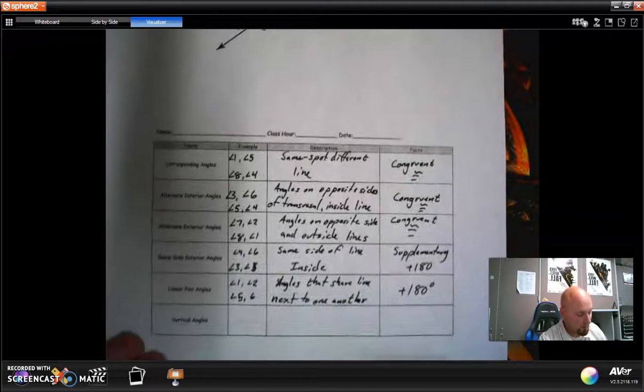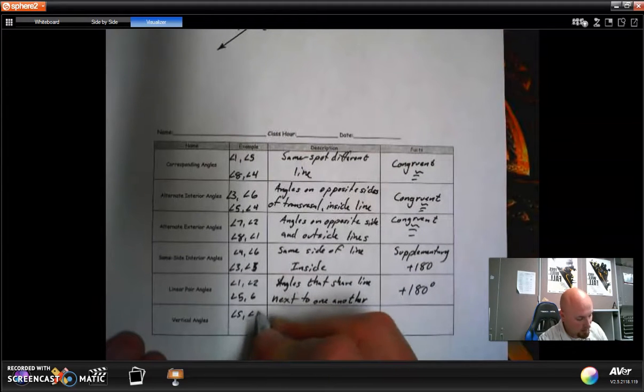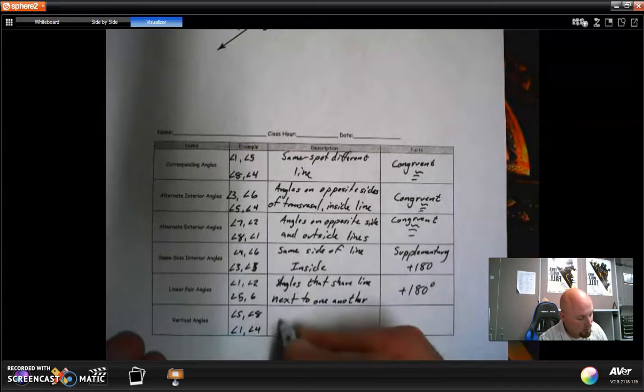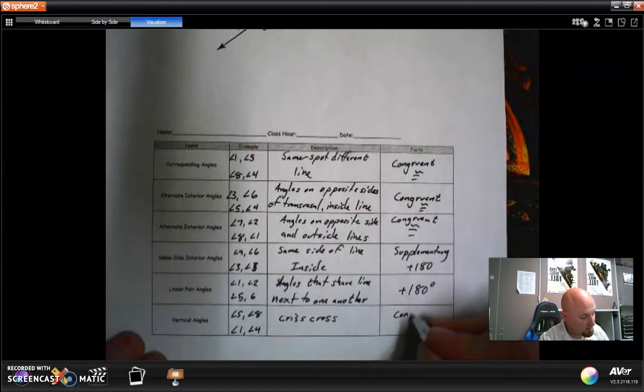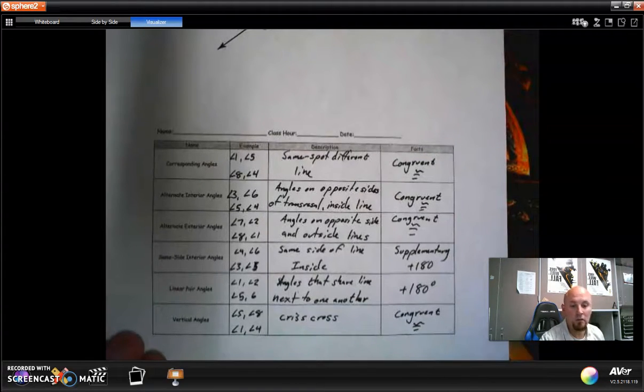Those are vertical angles. So the angle 5 and angle 8, angle 1 and angle 4. They crisscross one another, and they are congruent to each other. Or they equal one another.